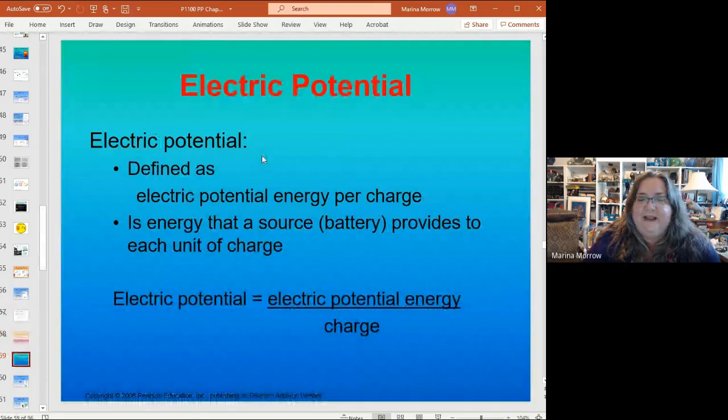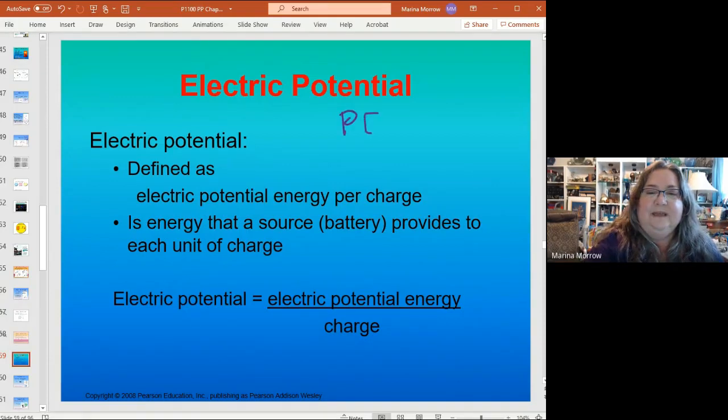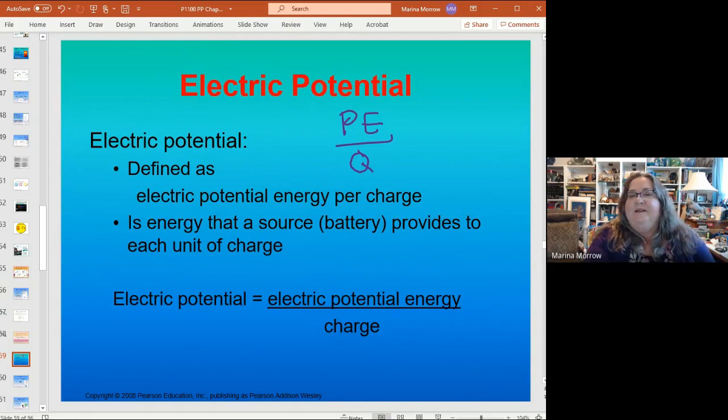Okay, so electric potential is defined as electric potential energy per charge. So PE divided by coulombs of charge, Q for charge. So potential energy over charge. It's called electric potential, not the same as potential energy, but it is related.